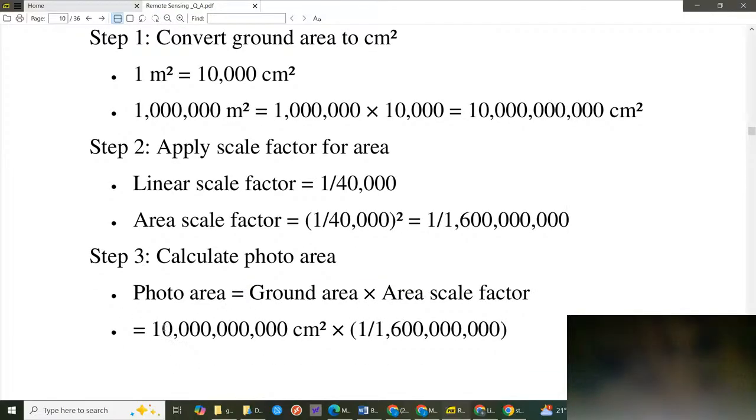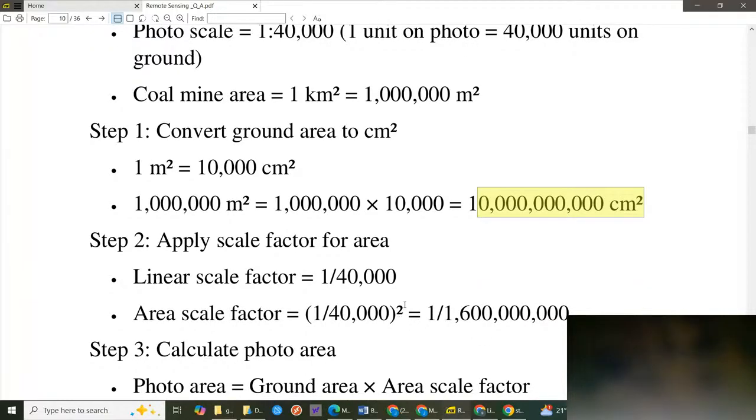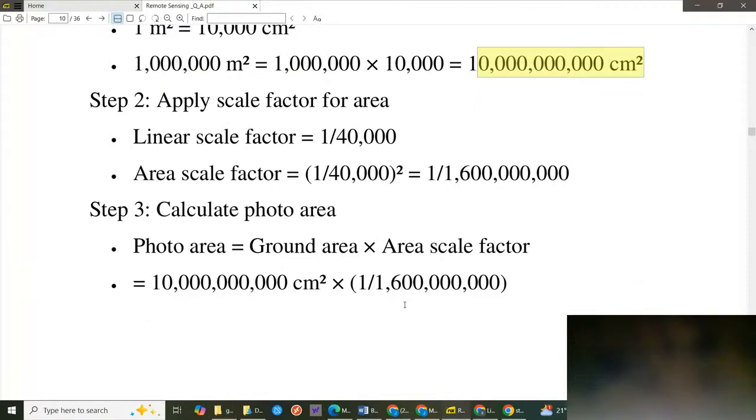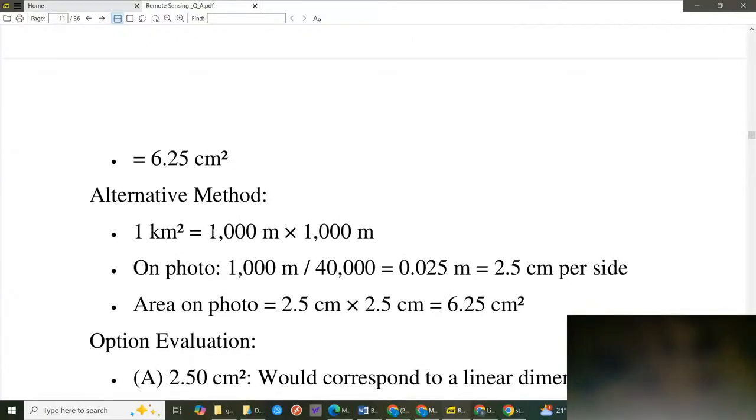The ground area has to be converted to centimeter square so that the units are the same. We start with 1 kilometer square, convert to meter square, then to centimeter square. So finally, this answer matches, 1 square kilometer on the photo is this upon this.